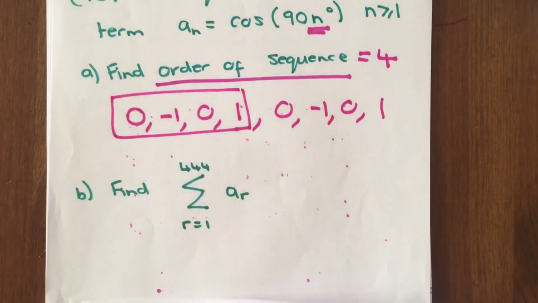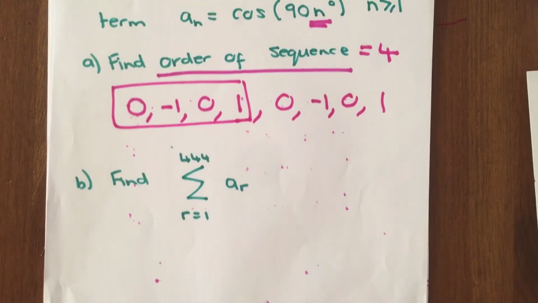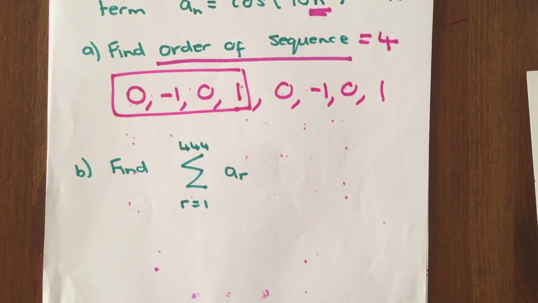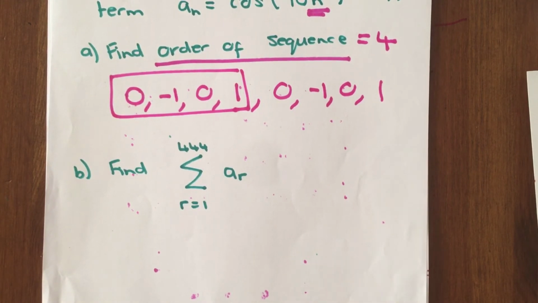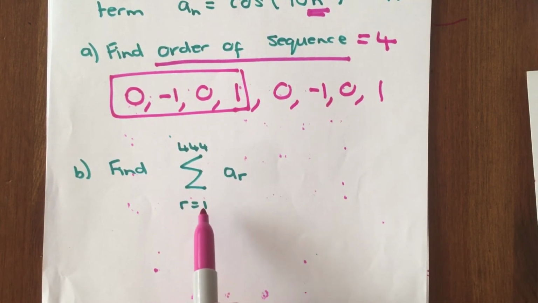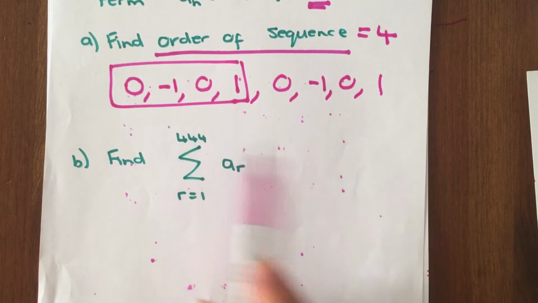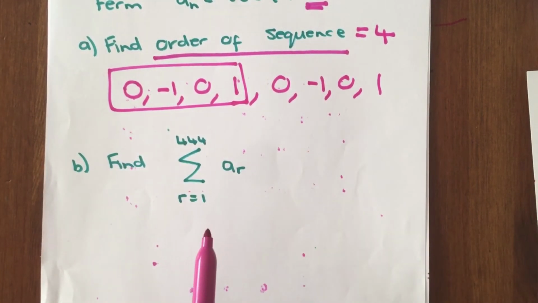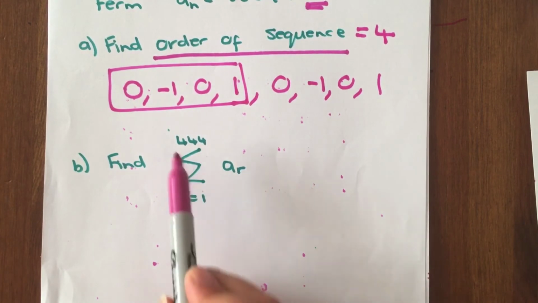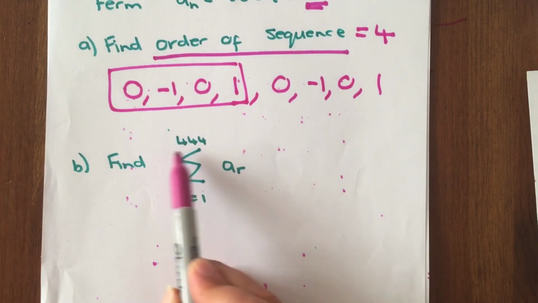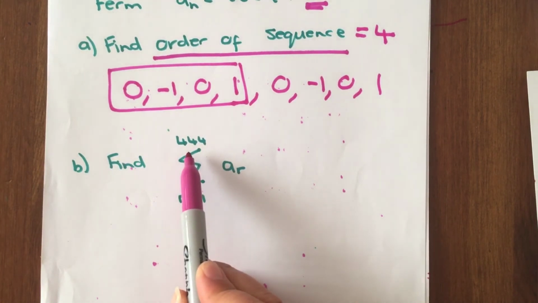Now the next bit. This is some good thinking going on here, so have a go and see if you can do it yourself before I go through it. It's asking you to find the sum of the first 444 terms of this sequence. They've chosen 444 not by mistake, but because 444 is divisible by 4.